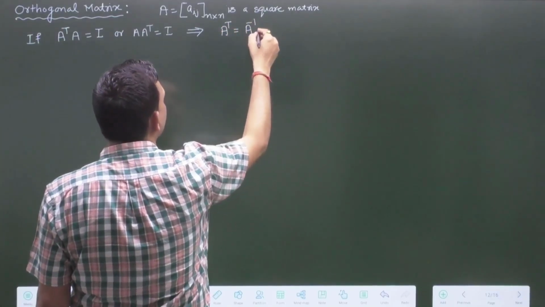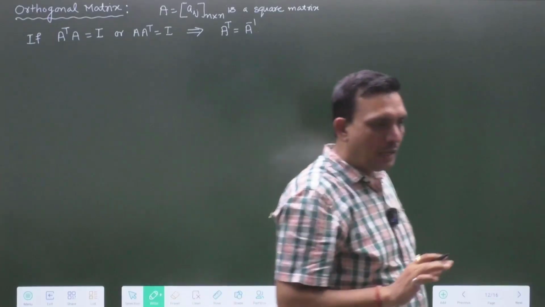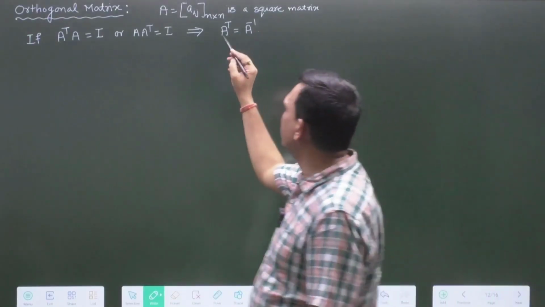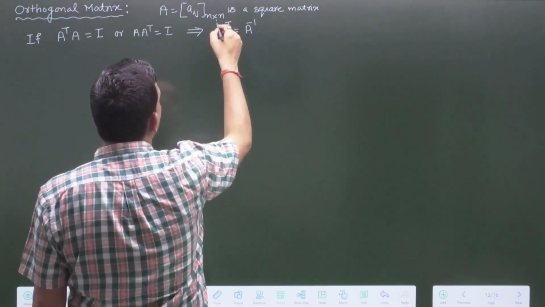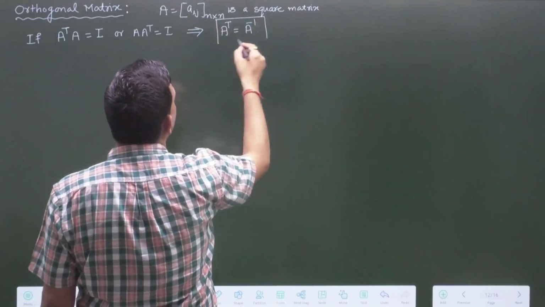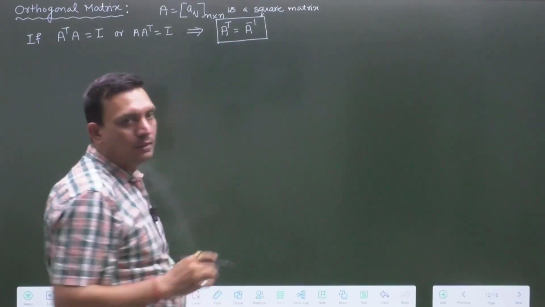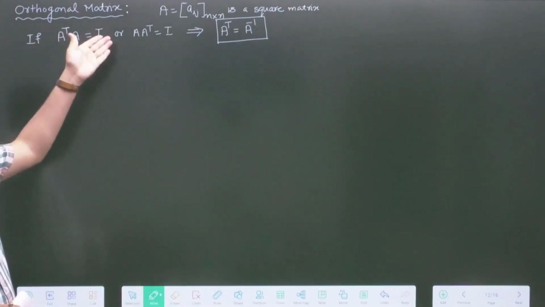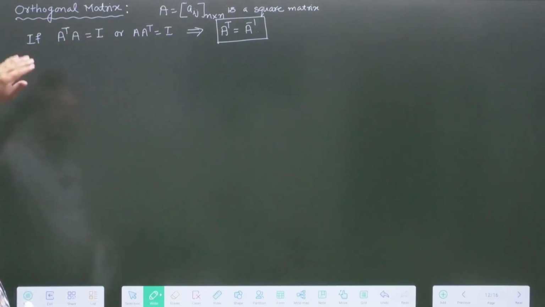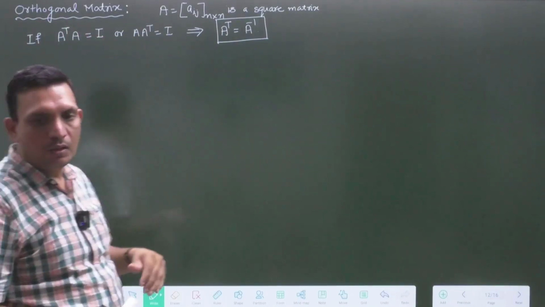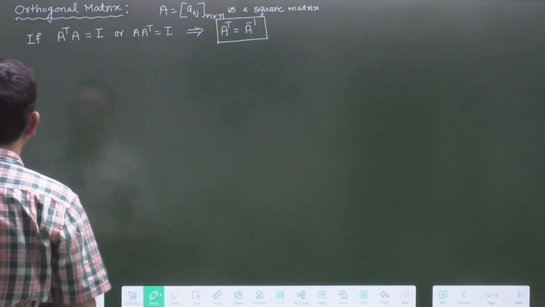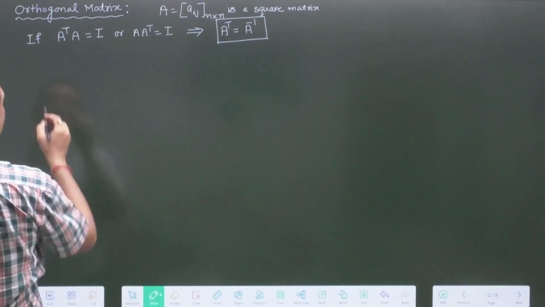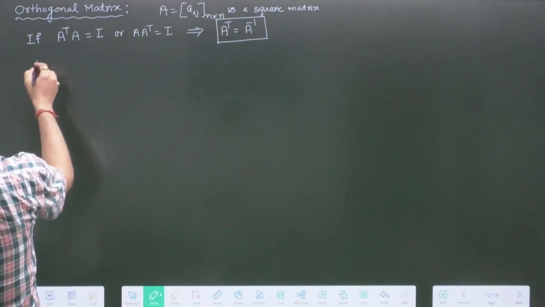We will define the inverse of a matrix later. Till now I haven't defined it, but you should just remember the definition that A transpose is A inverse. So at this stage, at least we can check this: A transpose A should be the identity matrix. Then A is an orthogonal matrix. Okay?